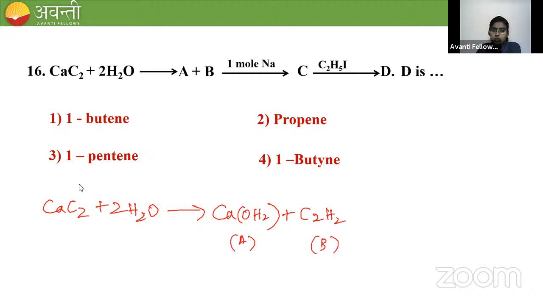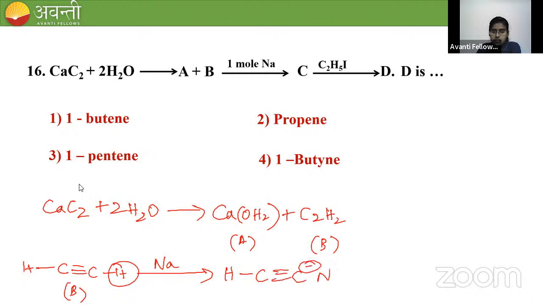Now this compound B, which is ethyne of formula C2H2, is treated with sodium. Now it is the same reaction that we have discussed in the previous question. So what happens? Sodium is also a kind of reducing agent. It will take this acidic hydrogen out. So we will get HC triple bond C minus Na plus.